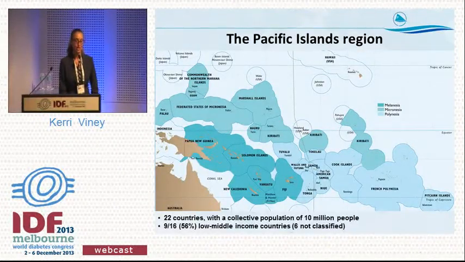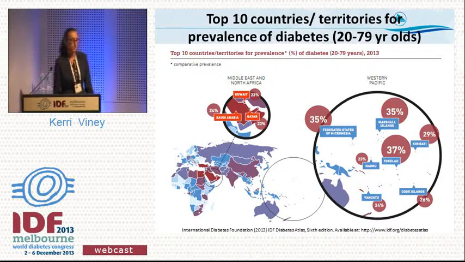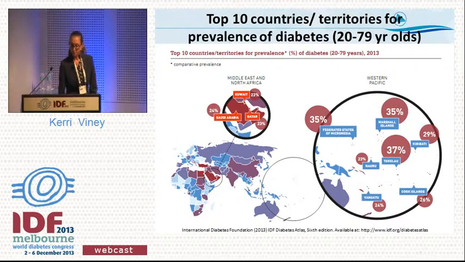I'm really talking about the Pacific Islands region, 22 countries and territories, with a collective population of about 10 million people. So a fairly small population when we think about our neighbours. If we look at the top 10 countries globally for the highest prevalence of diabetes in adults, 7 of them are in the Pacific Islands region, some of them very small countries.